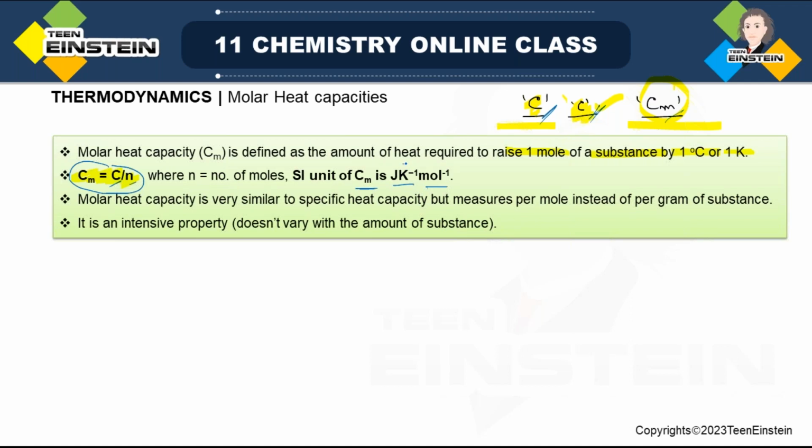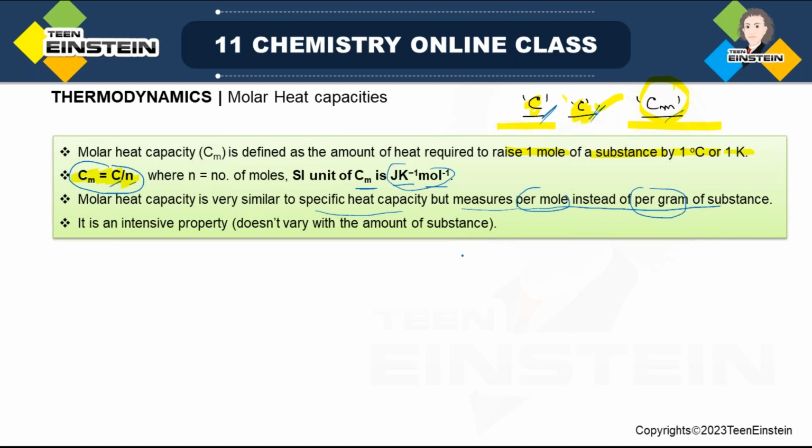So when you look at the unit, then also you will be able to understand which value is given. Is it Cm, is it capital C, or is it small c? So molar heat capacity is very similar to specific heat capacity. But remember, in specific heat capacity, it is per gram. But now we are considering per mole instead of per gram of the substance.